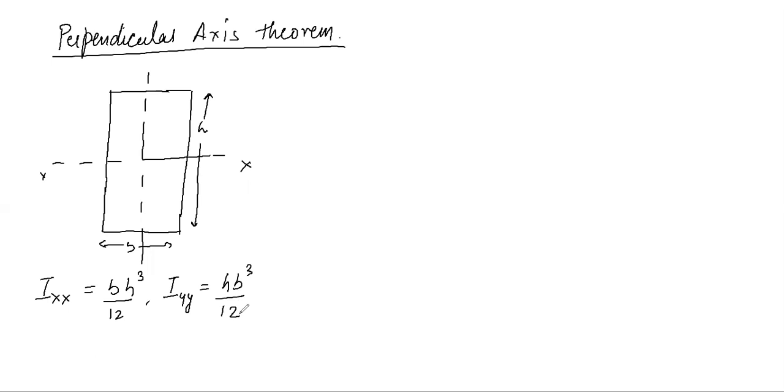So there is one more axis which is perpendicular to this axis, which is defined as z, right? So if I say what is the moment of inertia about this z axis, then it should be as per the perpendicular conditions. It should be because z axis is perpendicular to x axis and also y axis, right?